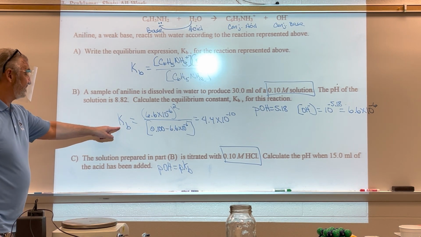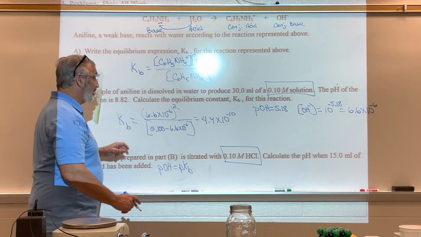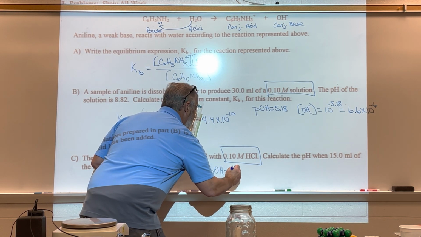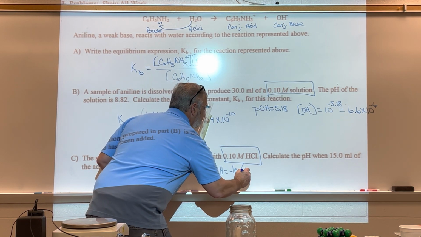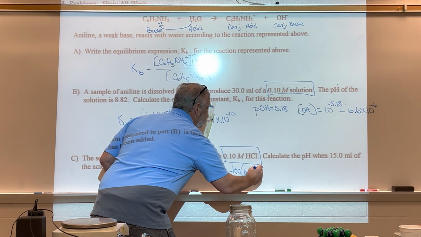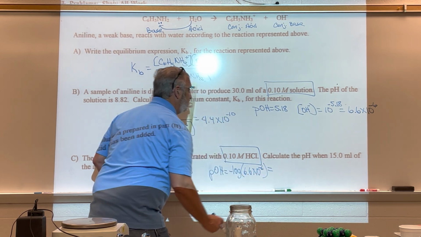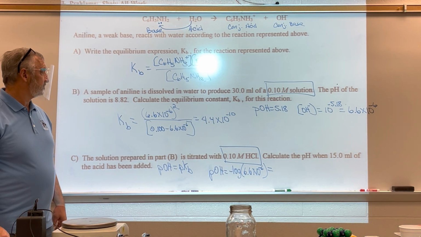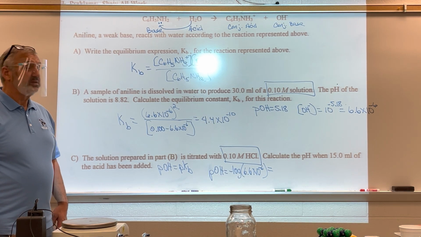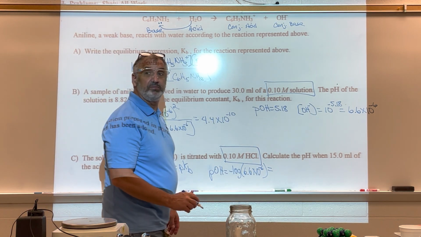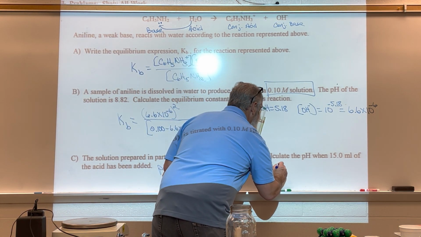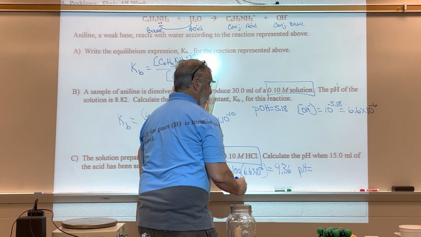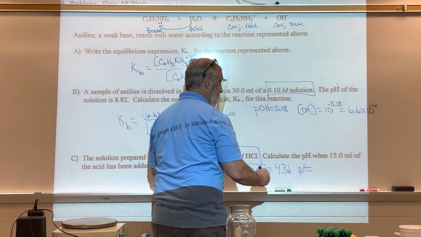So I can say then that the negative log, the pOH, equals the negative log of 6.6 times 10 to the minus 6, which is going to equal 9 point what? 9.36. So the pH is equal to 4.64.